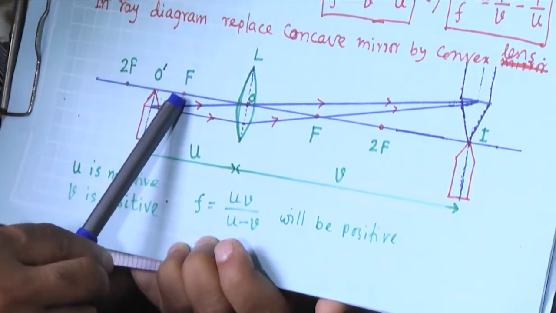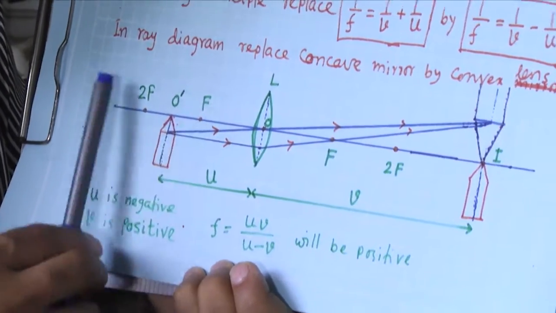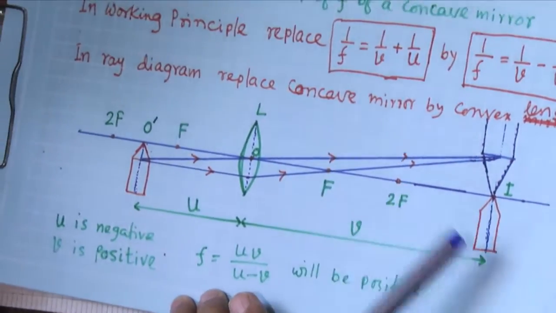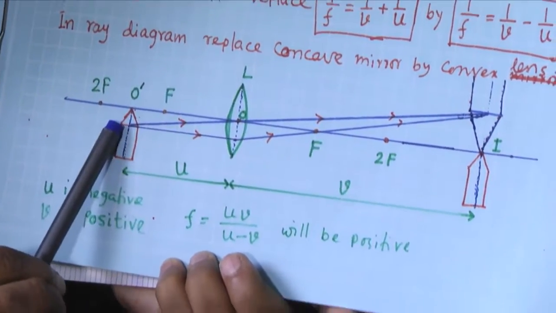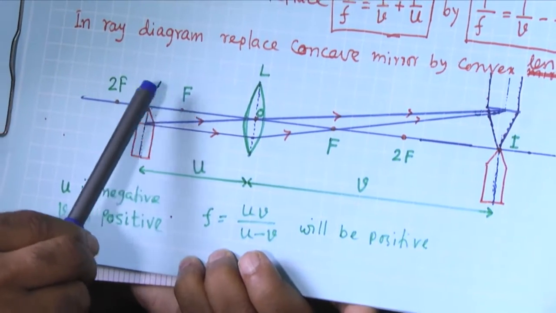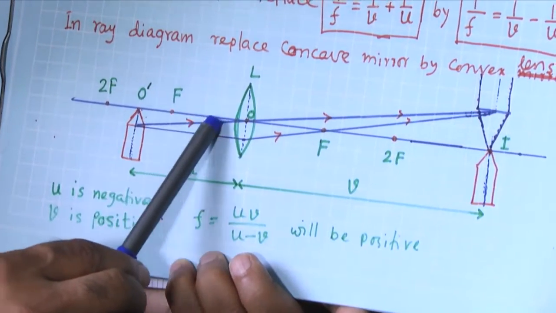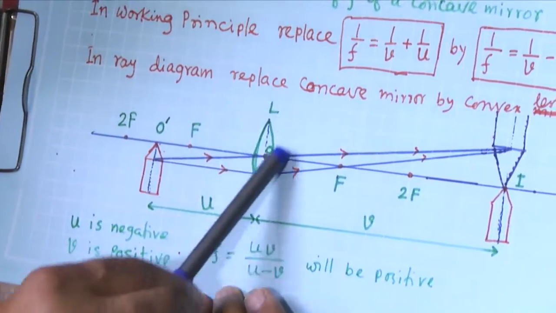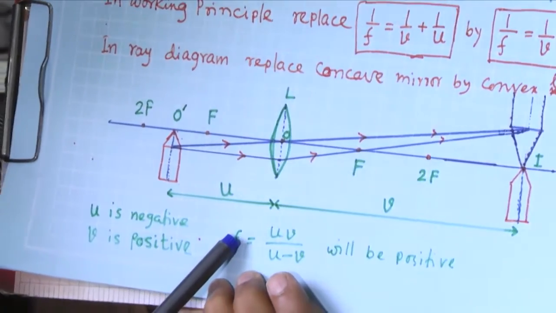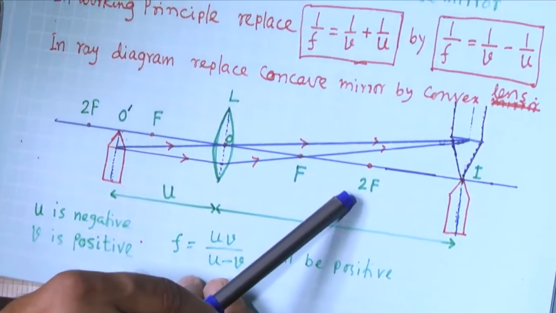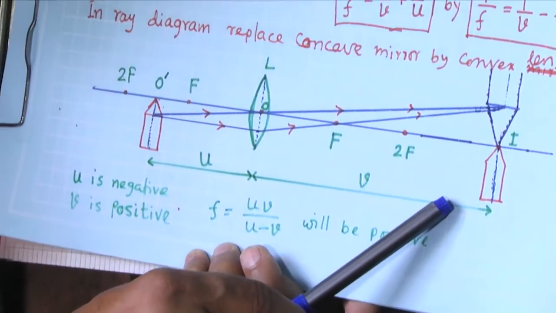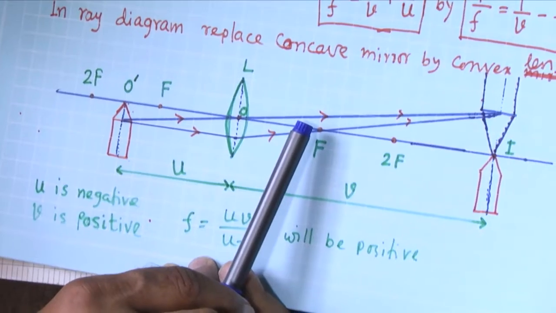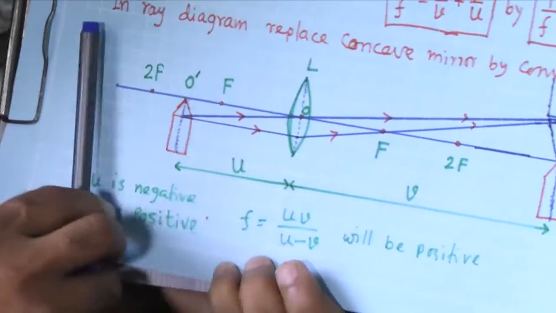So far, all the images I told you about are real and inverted. When the distance of the object is less than f, that is, between the focal point and the lens, then you will get an erect and virtual image, and basically you will get it on this side.